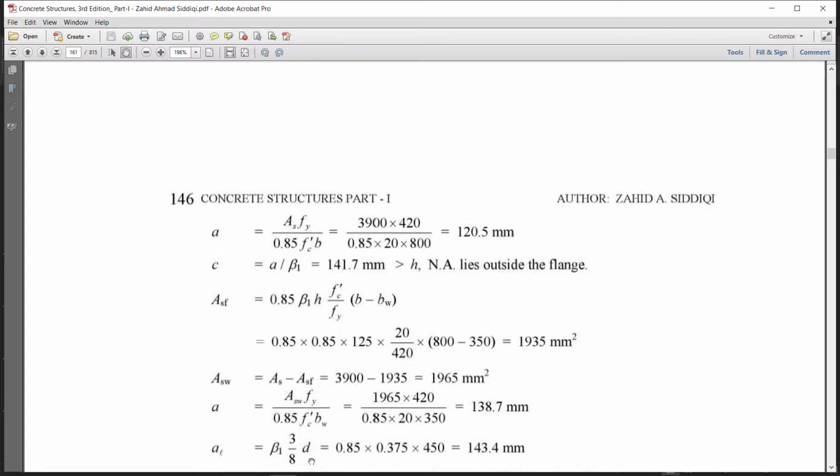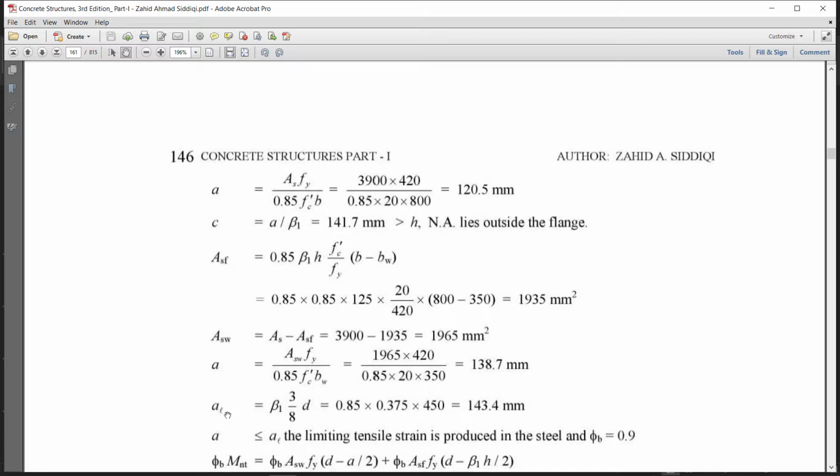Beta 1 times 3 by 8 d, so 0.85 times 0.375 multiply 450 gives 143.4 millimeter. Our a is less than this a limit, the equivalent stress block depth required for tension control, so it is tension controlled.